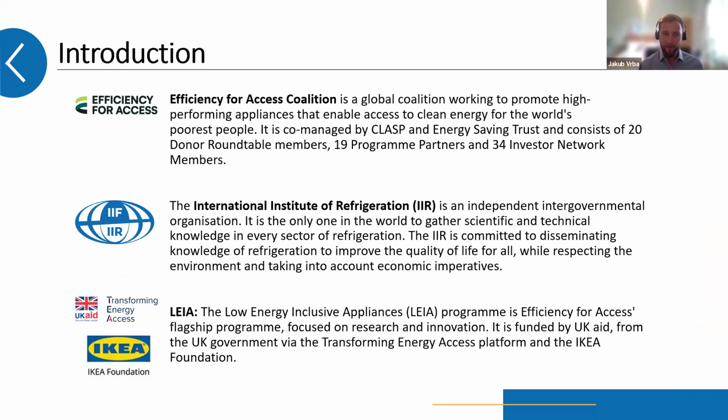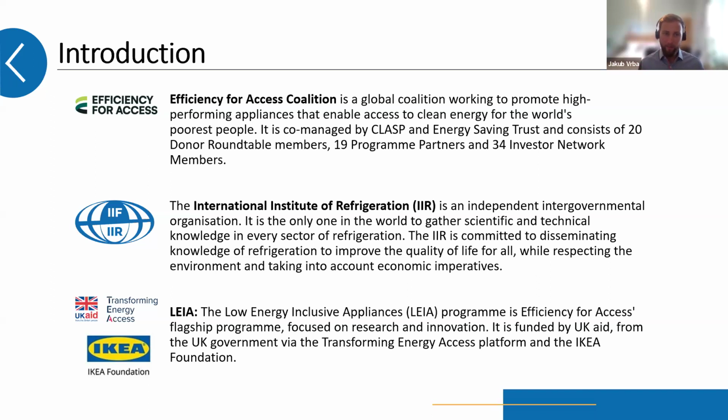Let me briefly introduce to you the key delivery partners of the guide. Efficiency for Access is a global coalition aiming to double the efficiency and halve the costs of off-grid solar appliances. And Efficiency for Access is jointly delivered by Energy Saving Trust, who I work for, and CLASP.